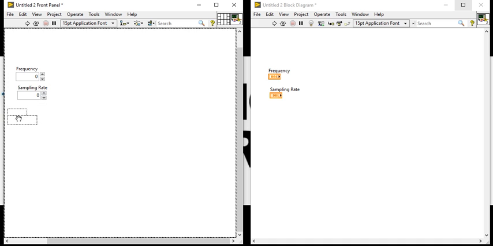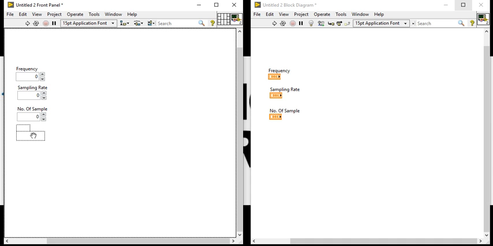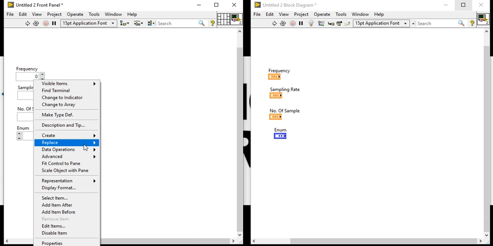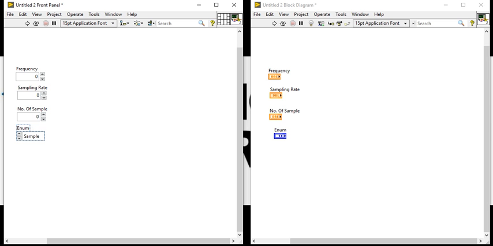Then take one more, the number of samples. Last, we need one enumerate, and this enumerate will contain edit items: Sample and Cycle. Done. Now coming to the block diagram.